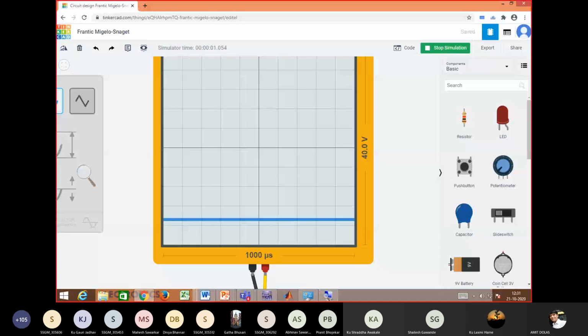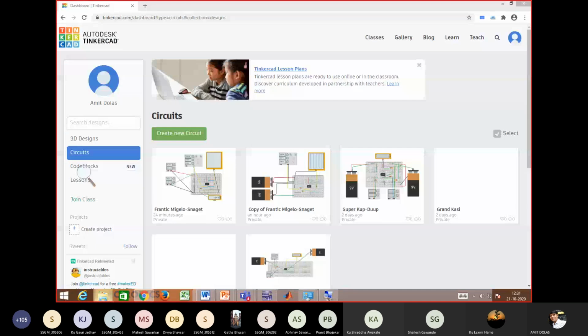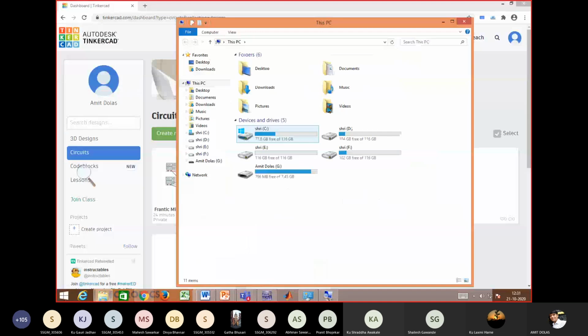So two types of circuits we have already done, that is the subtractor and the Schmitt trigger, inverting as well as non-inverting. So we'll see the circuit diagram for the summing amplifier. So we'll see the PPTs first for that.